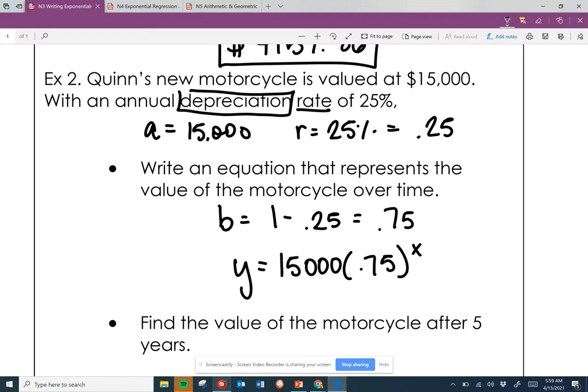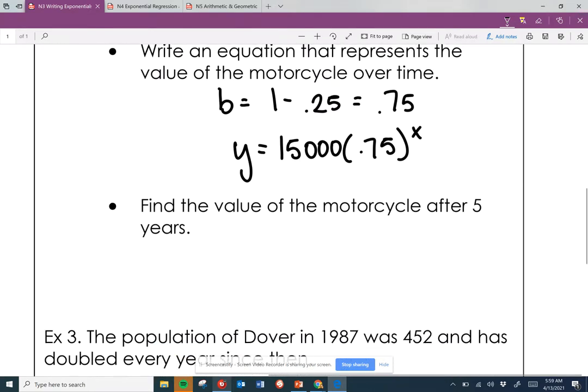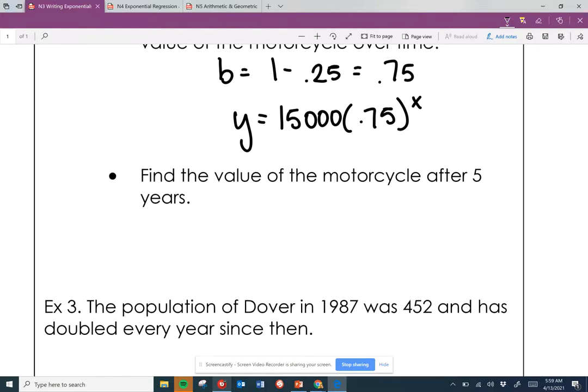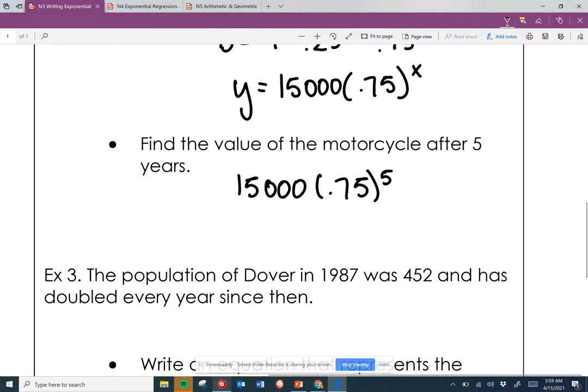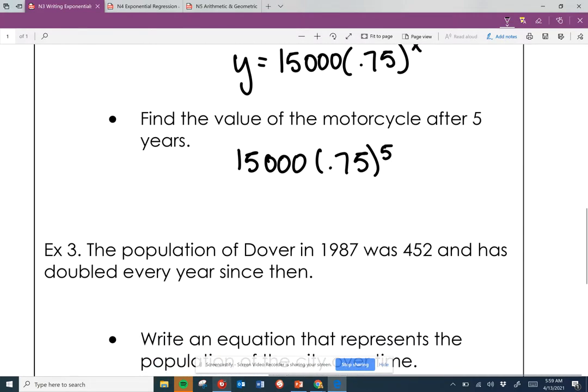Here it says find the value of the motorcycle after 5 years. So we're going to take that same equation, but we put a 5 in for our x, because that's how long the motorcycle has been losing its value.